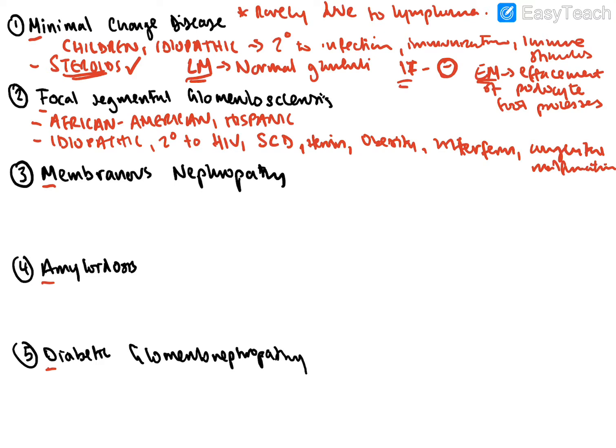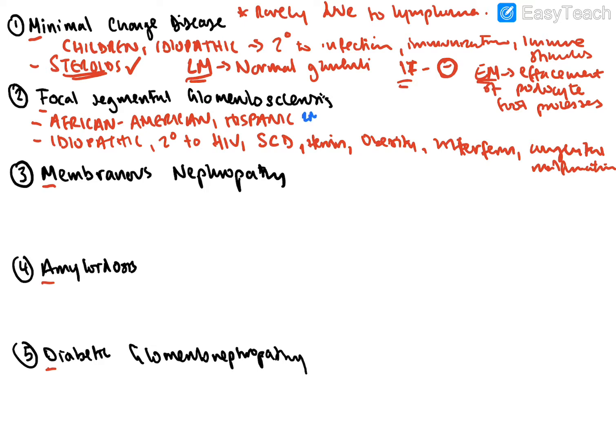So focal segmental glomerulosclerosis is common in the African American and the Hispanic population. It can be idiopathic or secondary to HIV, sickle cell disease, heroin, obesity, interferon treatment, or congenital malformations. What will we see?